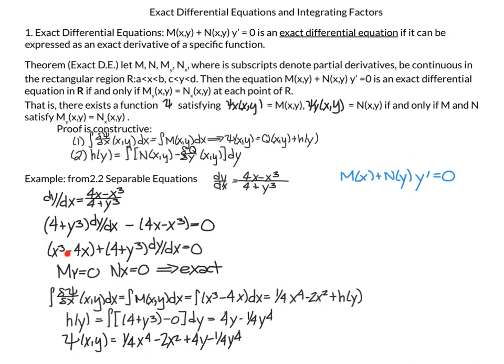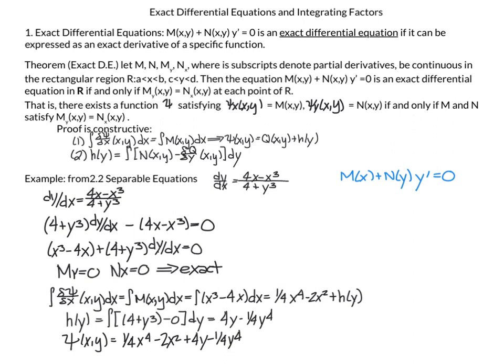And actually, I swapped this around so my M could come first. Here's my N. So my partial derivative of M with respect to y, again, because M only depends on x, is 0, and my partial derivative of N with respect to x, and again, N is only dependent on y, so that's going to be equal to 0, so it's automatically exact. So the separable equations are indeed exact.